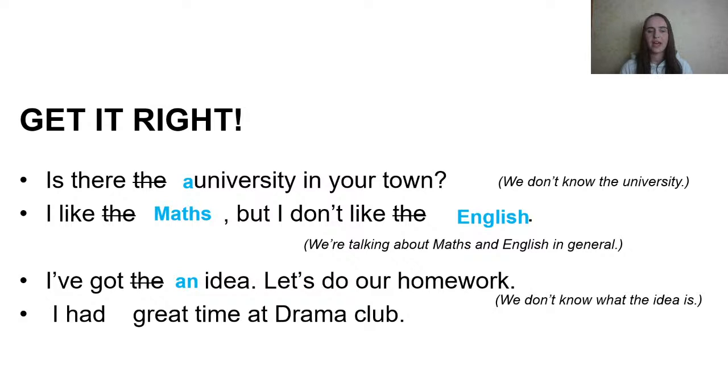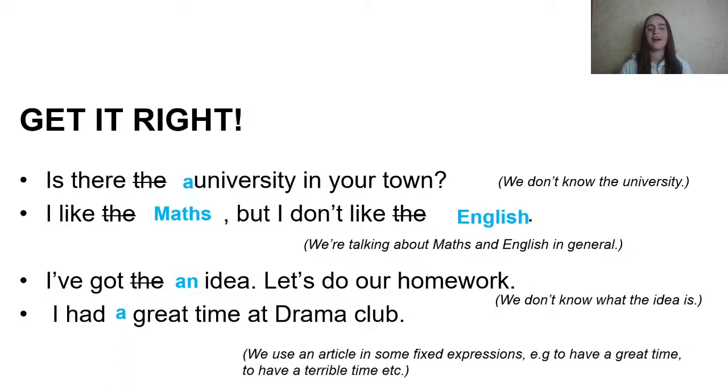Number 4. I had great time at drama club. So here you have an expression that we have already talked about. So what about this? What about four? And yes, guys, you are right. I had a great time at drama club.